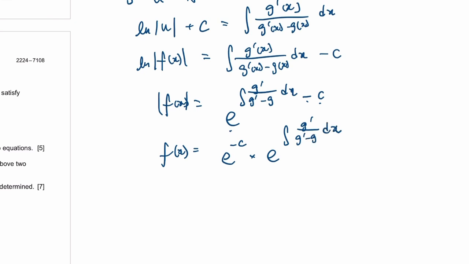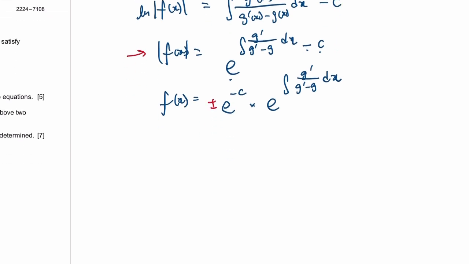Second, you can make the plus minus go away. So make the absolute sign go away, which means you plus minus the right hand side. So you can replace this by a constant, because plus minus e to the power of a constant is still just a constant. And that thing.